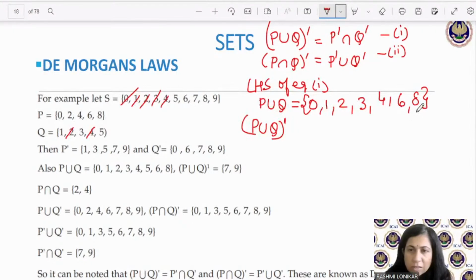Now this is 6 and 8. So what are the elements remaining in the universal set? I'm going to write them down. 5, 7, 9.